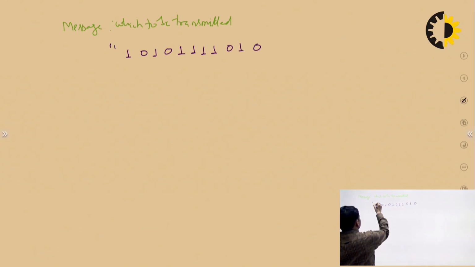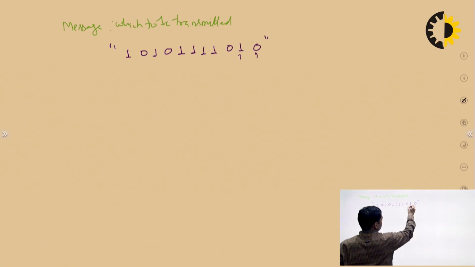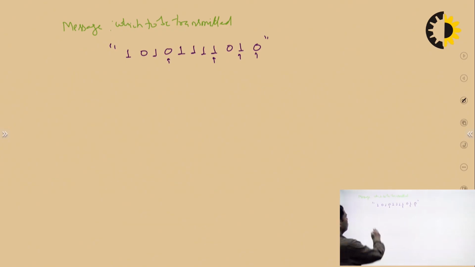So this message has to be transmitted, where positions 1, 2, 4 and 8 are the parity positions here, 1 0 1 1 1 1 0 here.